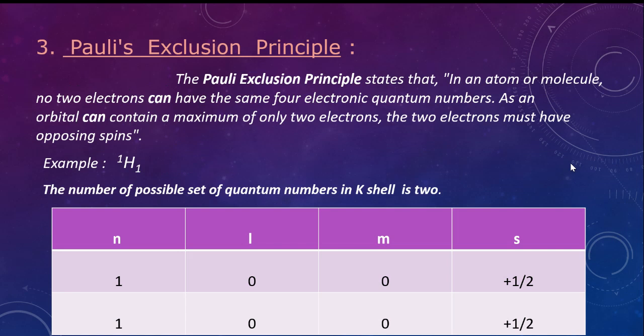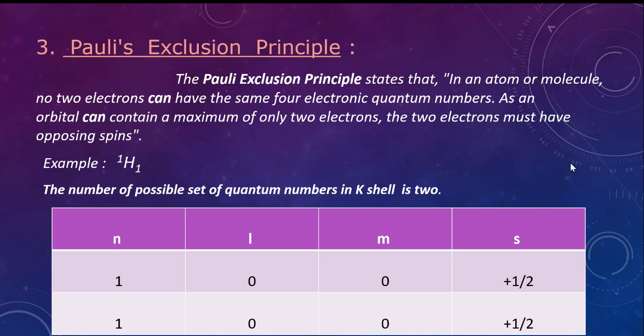That is Pauli's exclusion principle. This principle says like this. The Pauli exclusion principle states that in an atom or molecule, no two electrons can have the same four quantum numbers. As an orbital can contain a maximum of only two electrons, the two electrons must have opposite spin.